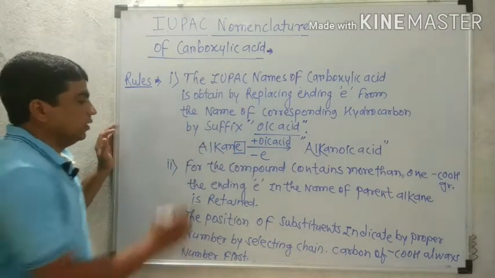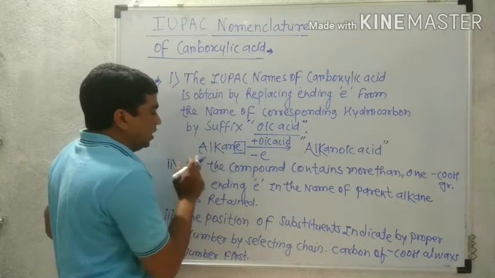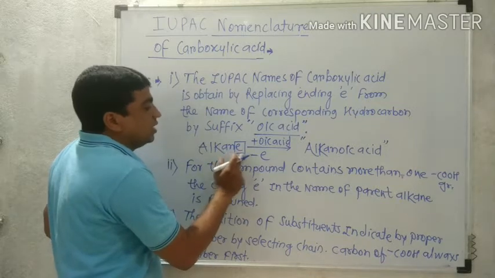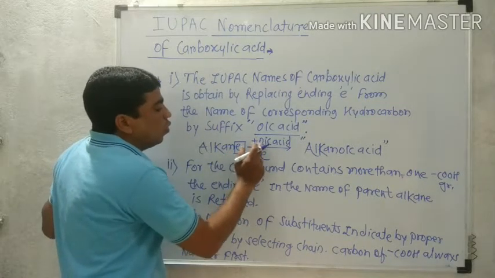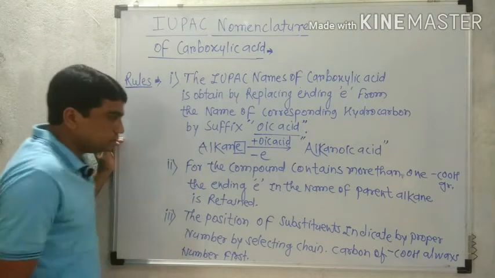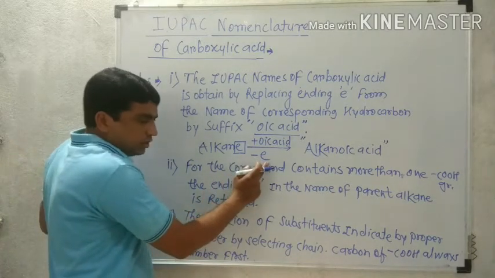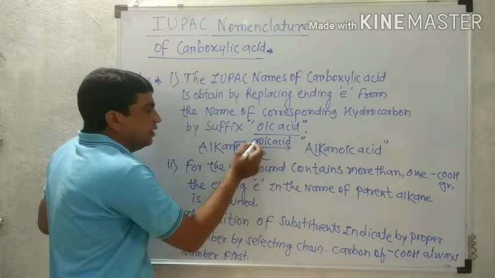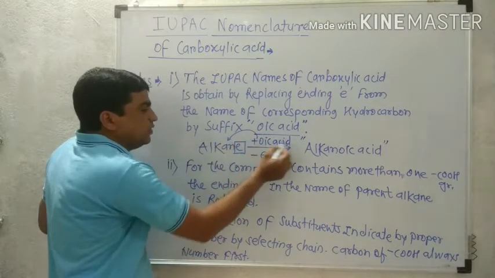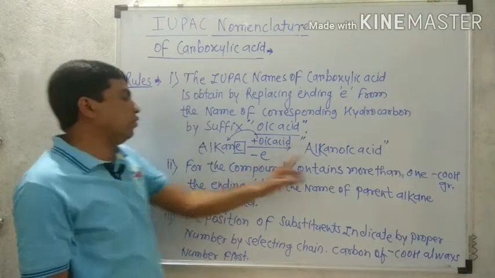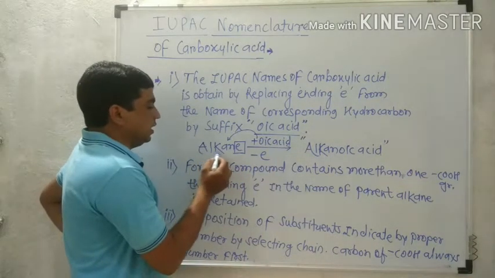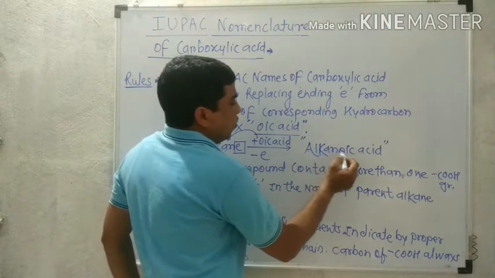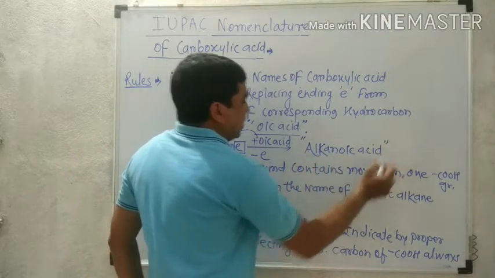For example, they are derivatives of alkane. Therefore, the ending E from the name of that alkane is replaced by adding OIC acid. Remove the E, that means replace the E by adding OIC acid. If we add OIC acid in place of E, what we obtain? Alkanoic acid.